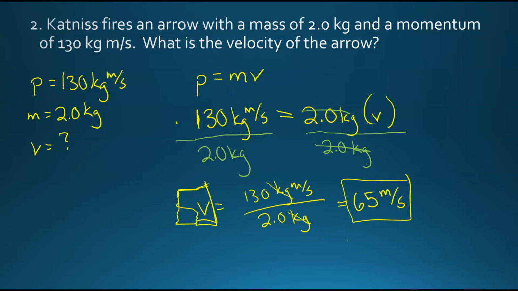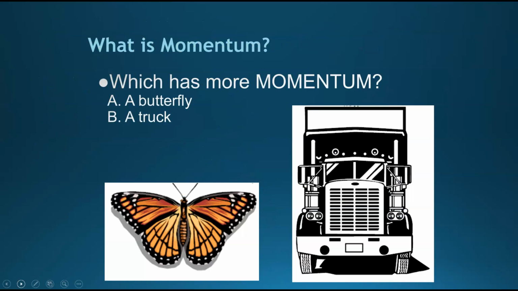So we are good once we found velocity. All right, so if we go back to this, which has more momentum, the butterfly or the truck? Well, yes, it depends on mass. So if they're moving at the same speed, then the truck would have more momentum because it has this high mass.